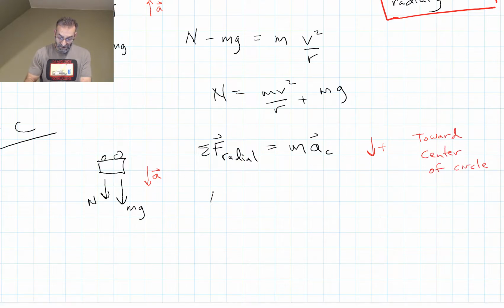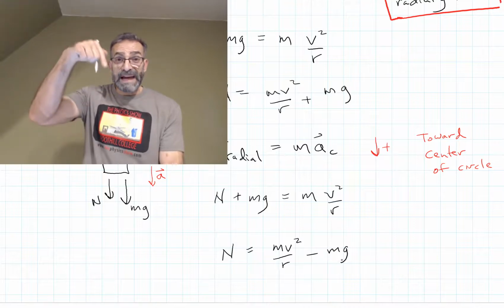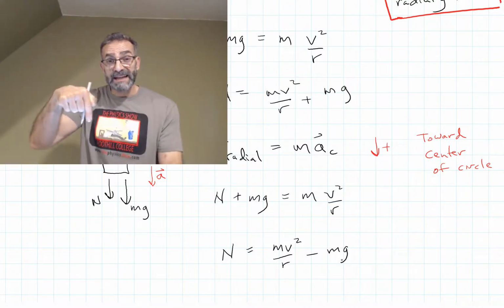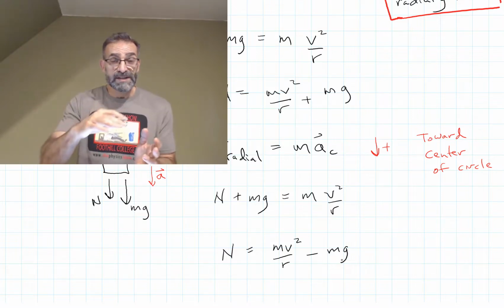I add up my forces. I've got a normal force in the positive direction, the weight in the positive direction. That has to equal mv squared over r. My acceleration is positive, and I get the normal force is mv squared over r minus mg, because the force of gravity is providing some of this force required to keep the car moving in a circular path.